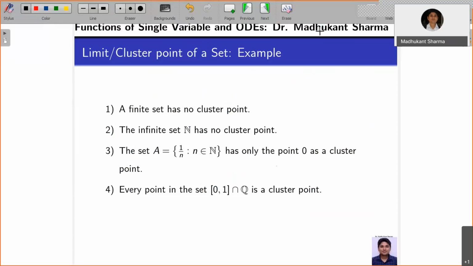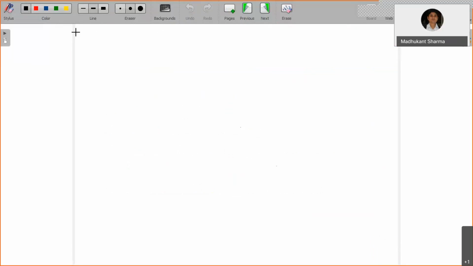The very first example is that a finite set has no cluster point. Whatever finite set you take, none of its points is going to be a cluster point. So let's do this. We want to claim that a finite set has no cluster point.